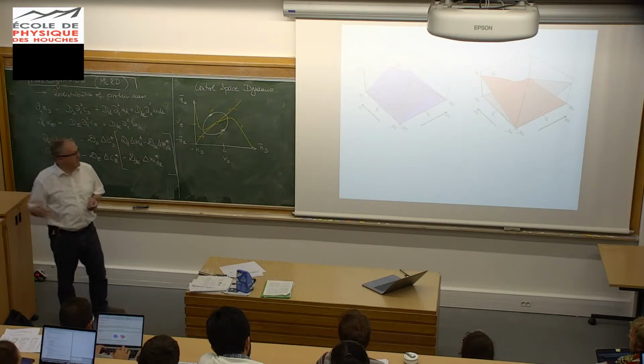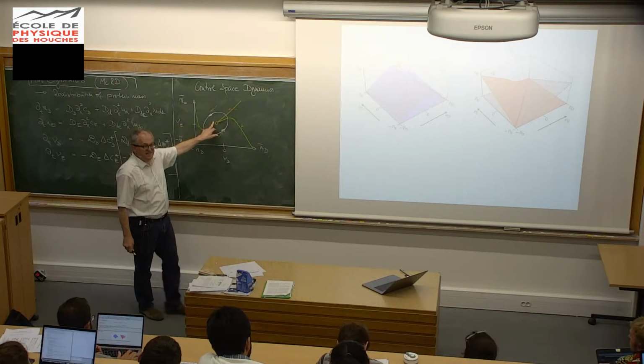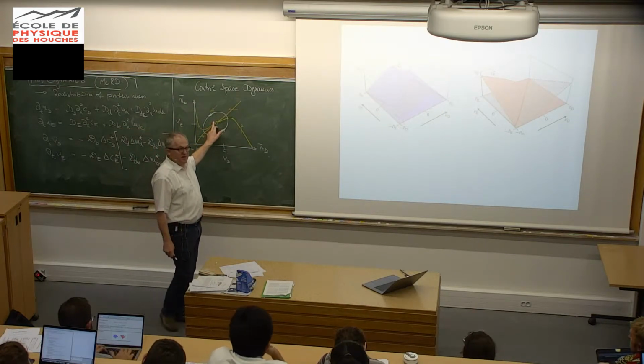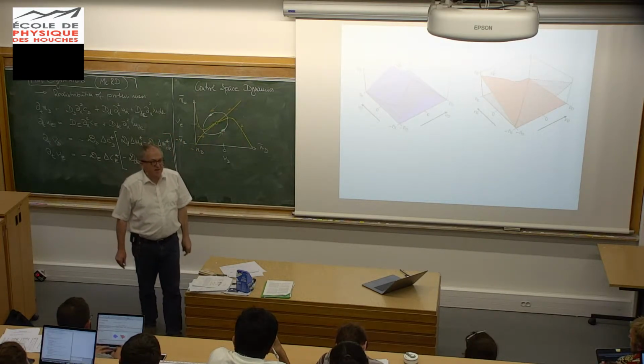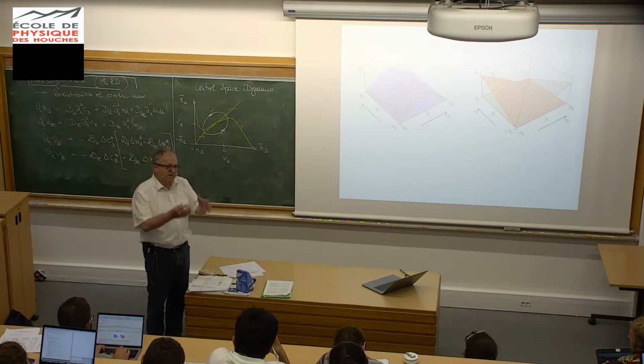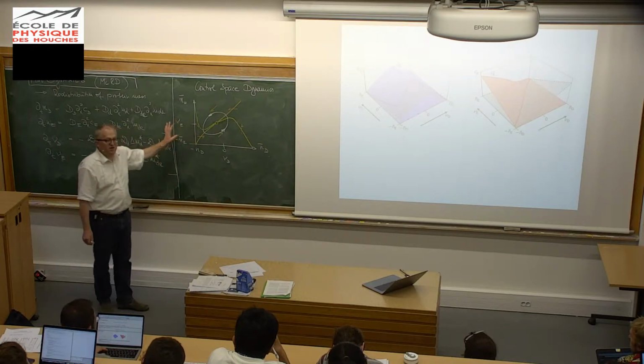Because this one is unstable. So it could be a center, but then you need this one to be, yeah. And what you're asking is something which is structurally totally unstable. So this is the generic case you get.